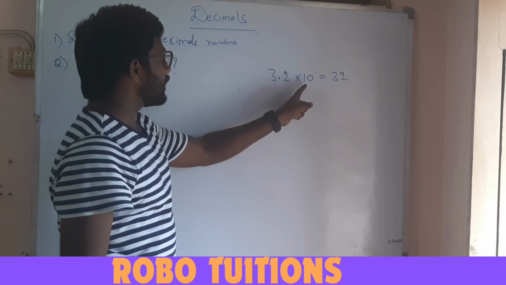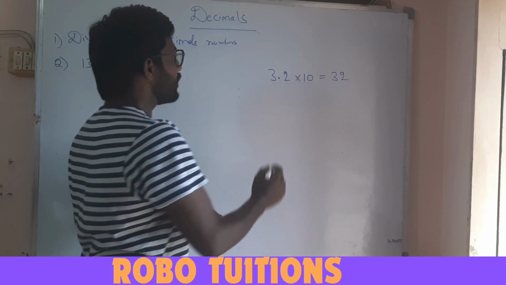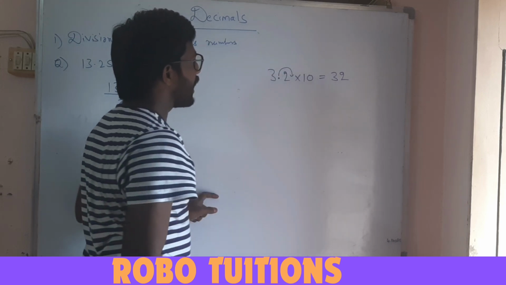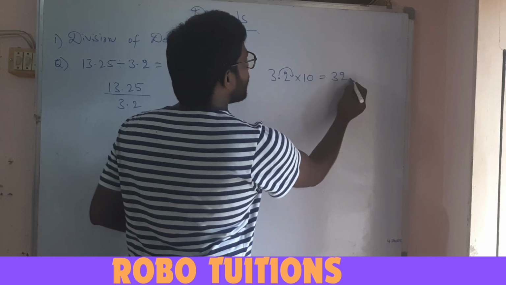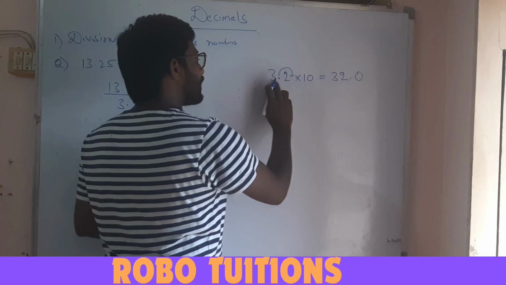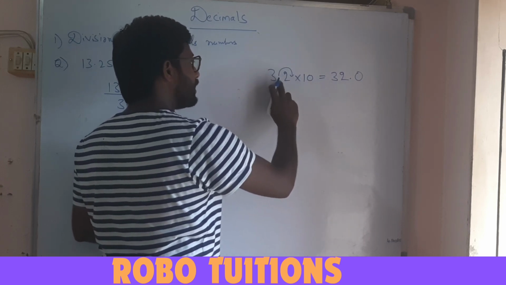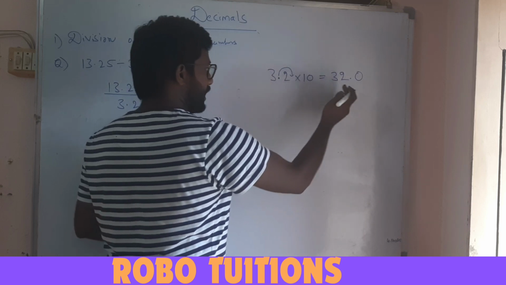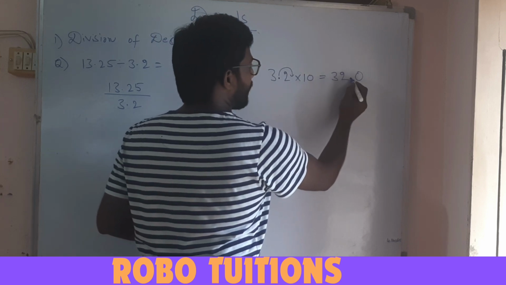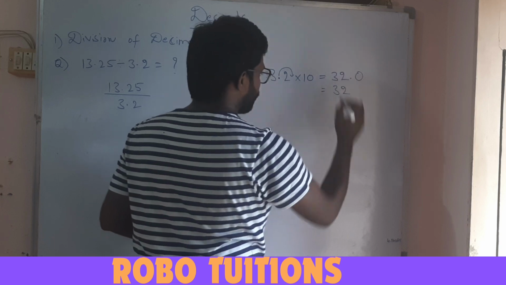So when you multiply 3.2 by 10, the decimal point takes one jump and the number becomes 32.0, that is equal to 32.